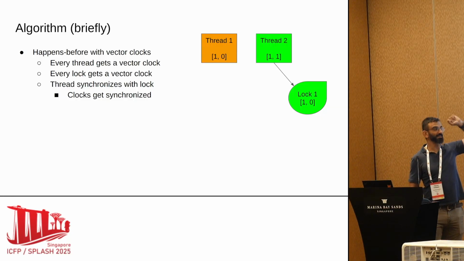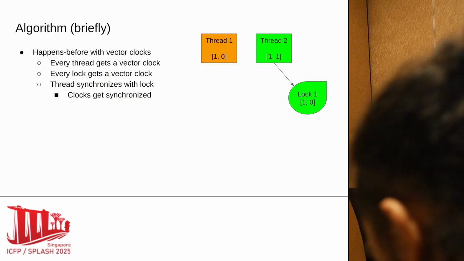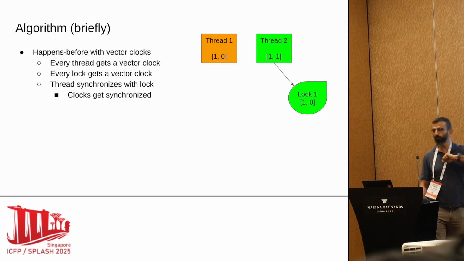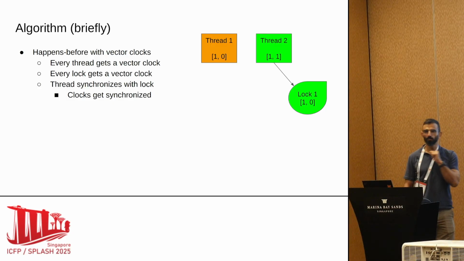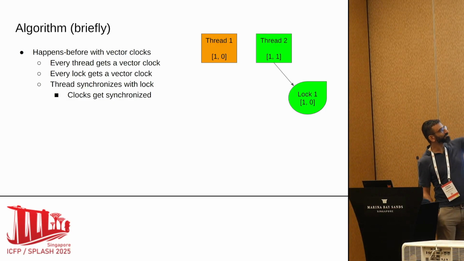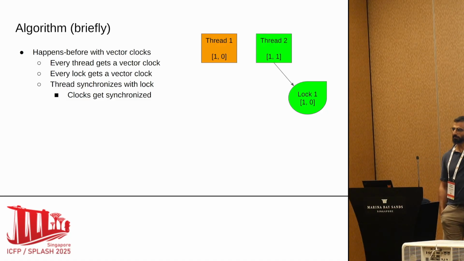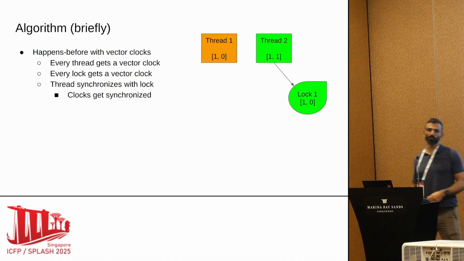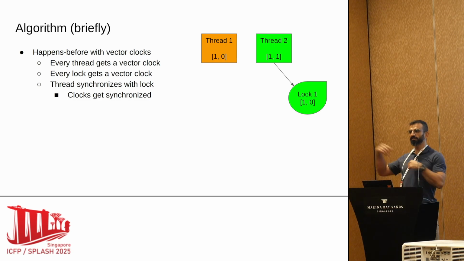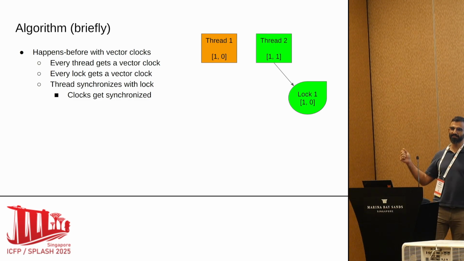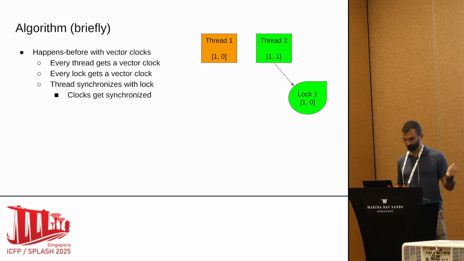Everything that's happened in thread 1 up until time 1, now thread 2 knows that it's happened. So we say that everything that has happened in thread 1 up until that release has happened before everything that's going to happen in thread 2 from that acquire on. And so this gives us a way to detect this happens-before relationship.